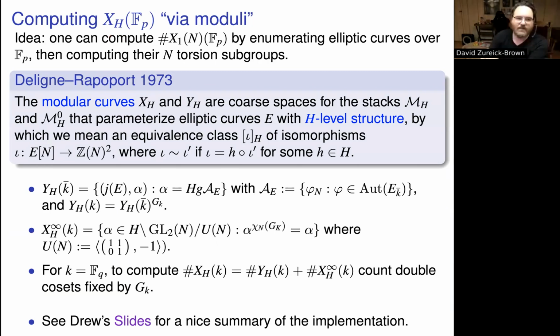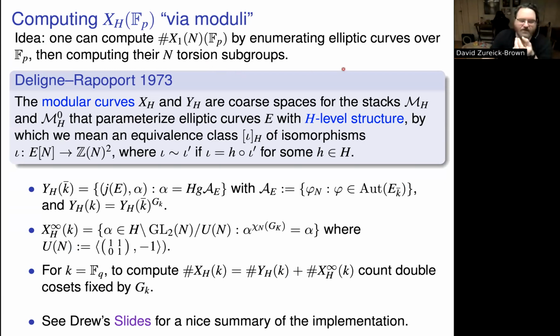So one good way to think about this is on X_1(N), you can compute that number without having the equations for X_1(N), roughly by enumerating elliptic curves over F_p and computing their N-torsion subgroups. So you have to be careful about extra automorphisms and cusps and so on. It's a lot more annoying than you might think.